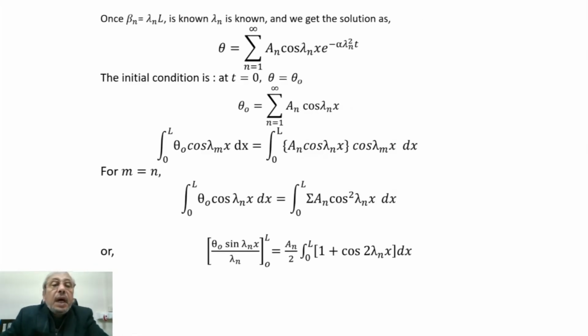Once beta n equal to lambda n into L is known, then lambda n is also known.